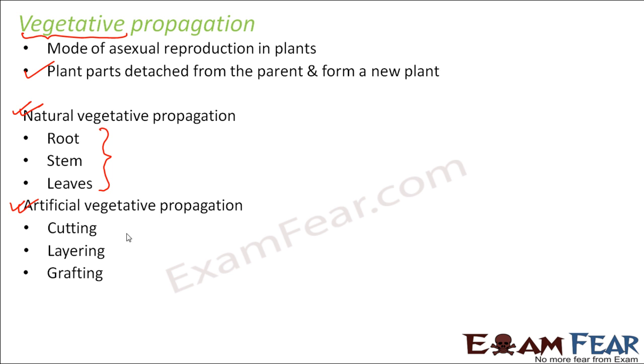These are some of the methods in which we make use of specific plant parts and use some techniques in order to get plants of desired characters. Maybe you can actually have plants which have characters of two different plants. So you take some part from one plant, some part from the other plant, and then you mix and match the two in order to get a plant of desired character. All these would come under artificial vegetative propagation.